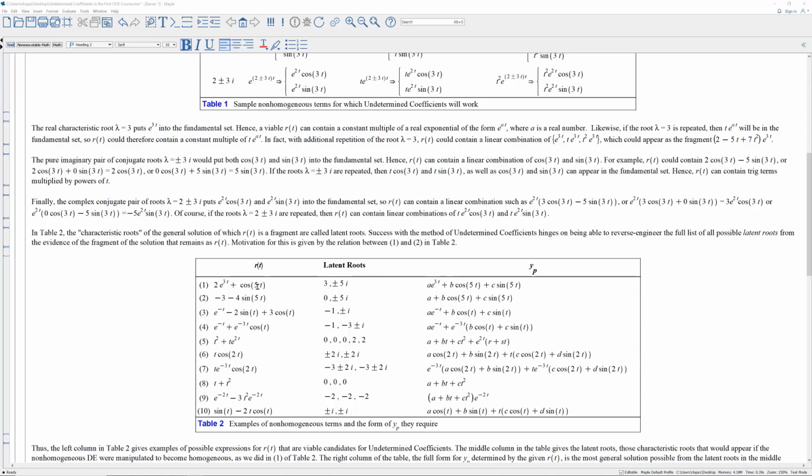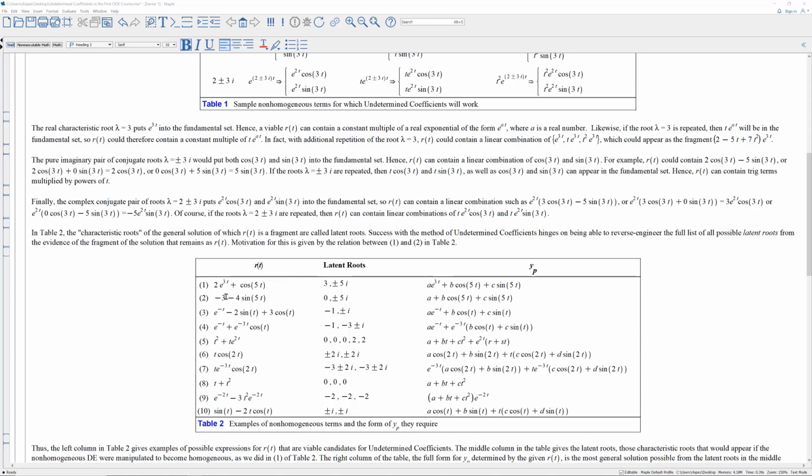And if you had a cosine 5t, then you had roots plus or minus 5i, in which case the guess for the template for the particular solution would be a multiple of e to the 3t, a multiple of cosine 5t, and a multiple of sine 5t. And I would drag the student through these 10 examples.